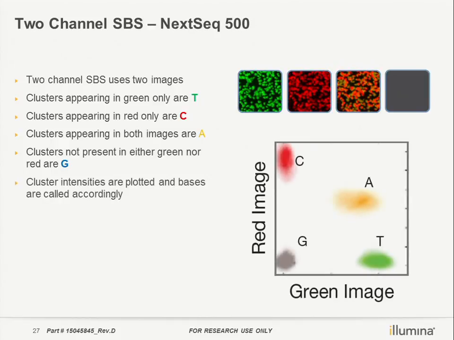So we use a plotting algorithm like this. If the base contains only red color signal, it will be called C. If it contains only green, it will be called T. If both colors, it will be A. And finally, if it is not labeled, it will be G. Some people worry: what if the cluster falls somewhere right here, should I call it T or A?